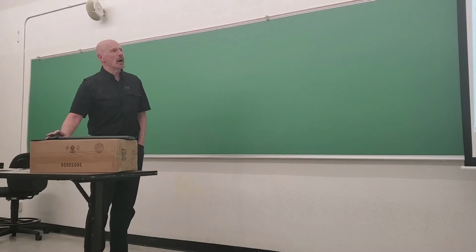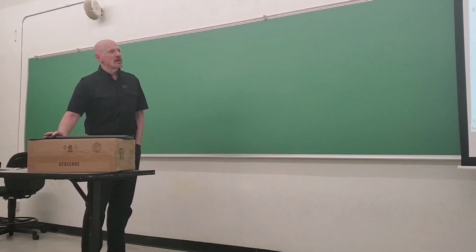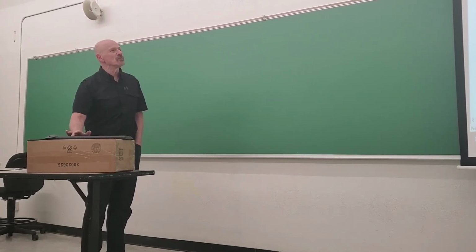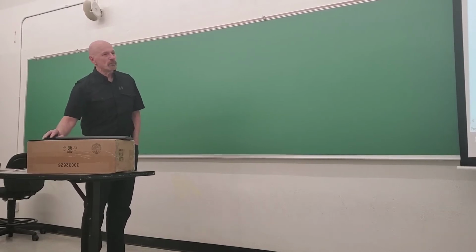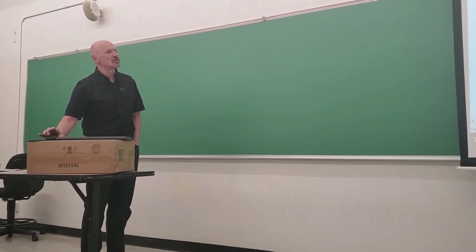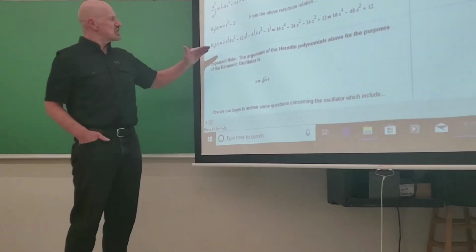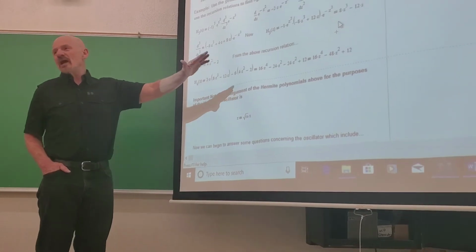Here, in problem number 1, I'm having you generate the 5th Hermite polynomial, and this follows page 7 of the notes. In page 7, I took H2 and H3 and generated H4.